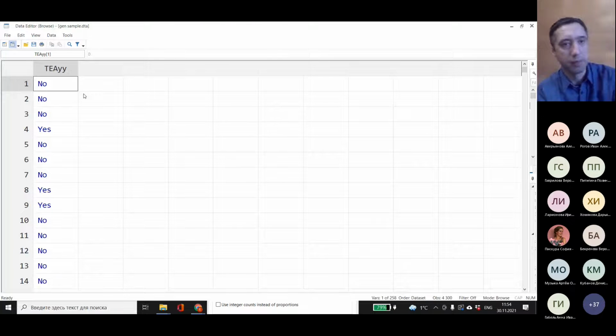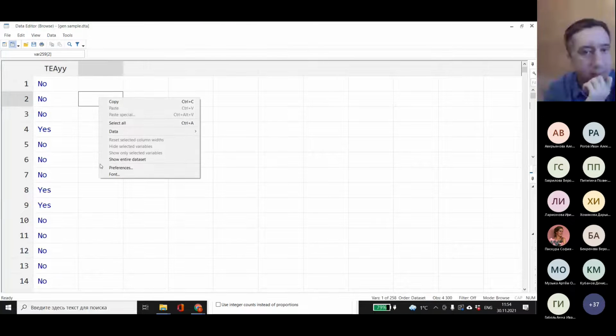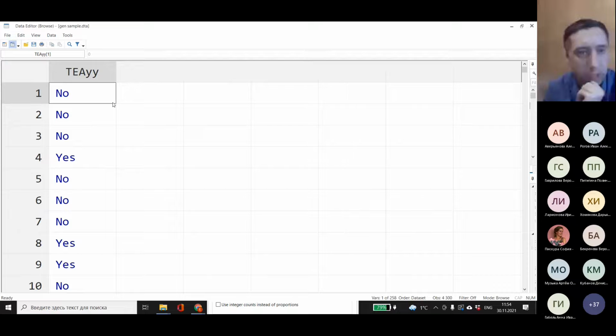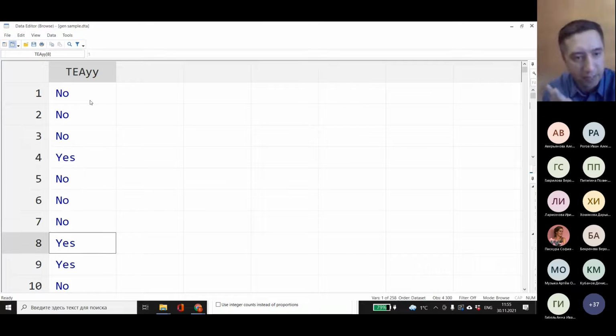Look, this is my spreadsheet with a single variable. Let me enlarge my font. I have no, yes, so I have some text information, but the color of these values is blue. What does it mean? It means that in fact it is a number, it's not text information.